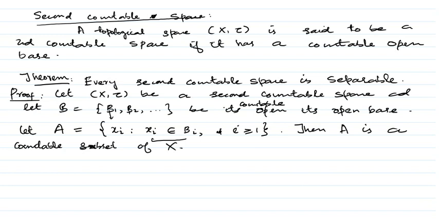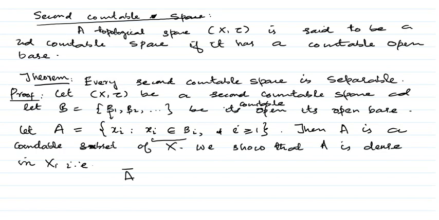So we show that A is dense in X. In other words, we show that A closure is equal to X. One thing is clear, that A closure is always a subset of X, because X is the given space, so everything is a subset of X here.